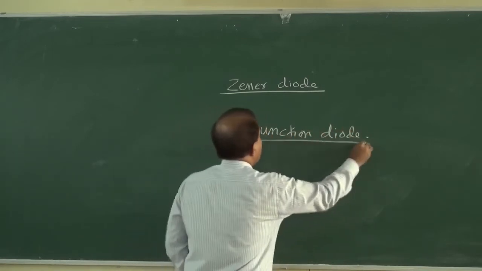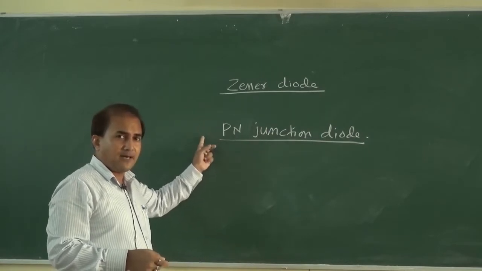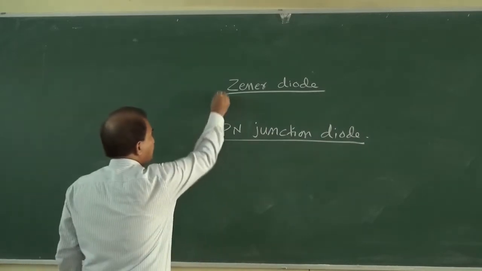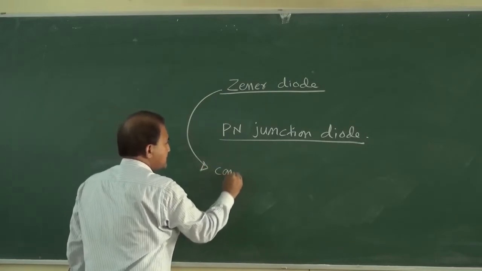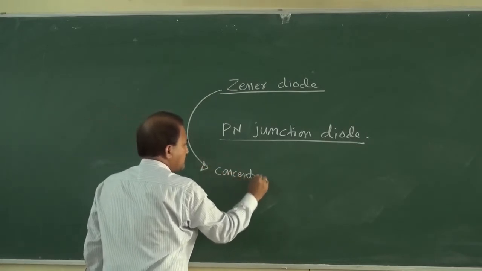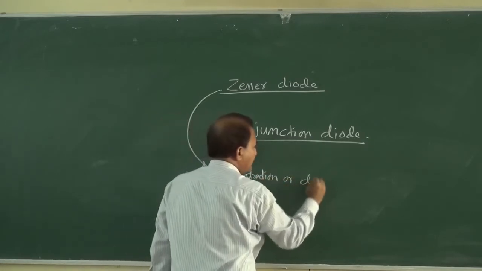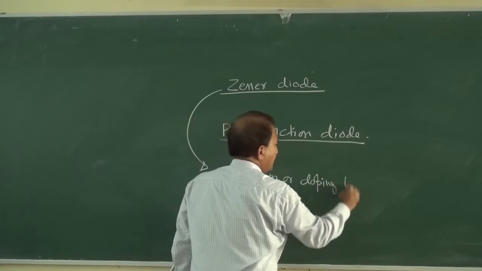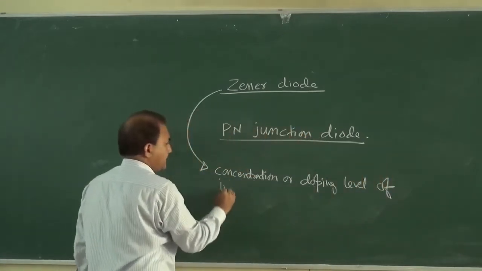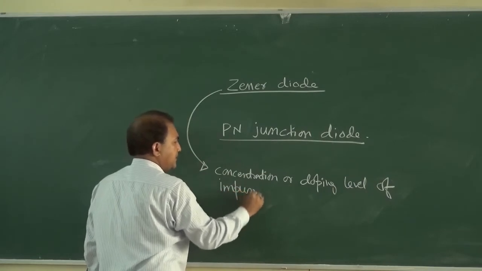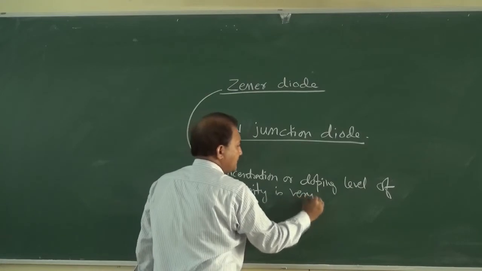A Zener diode is similar to a PN junction diode, but the concentration of impurity atoms, or doping level, is very large.